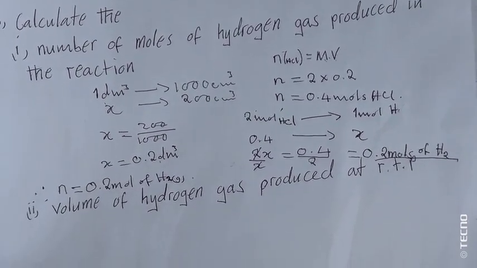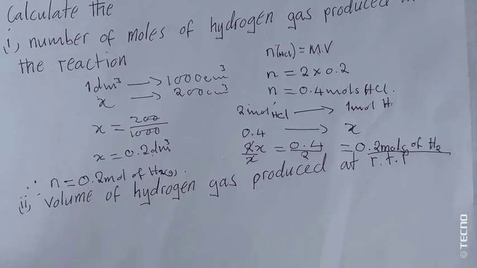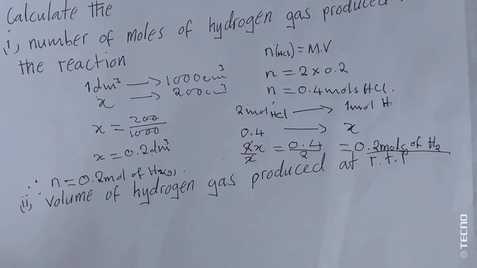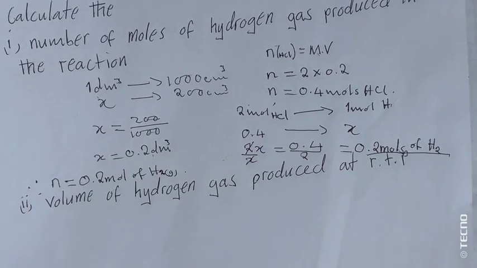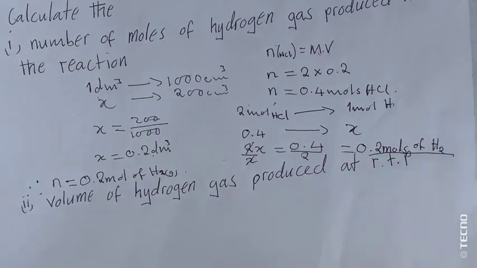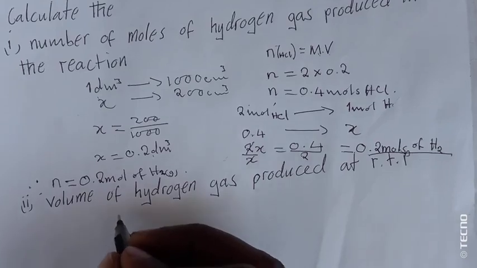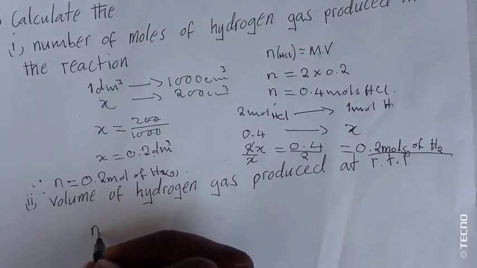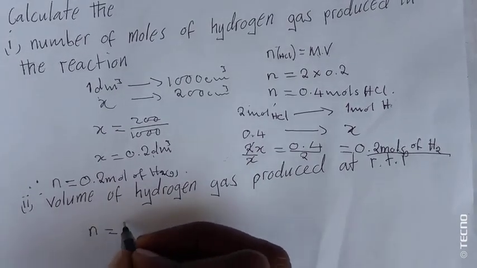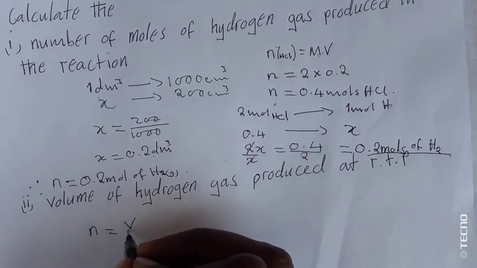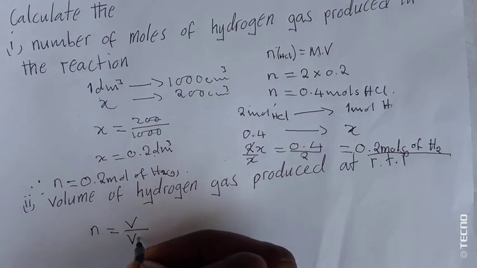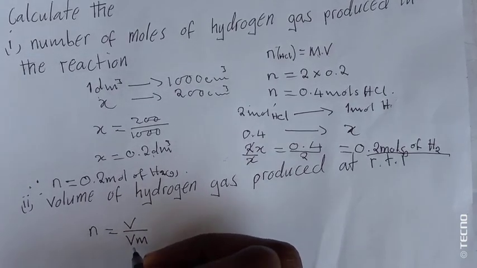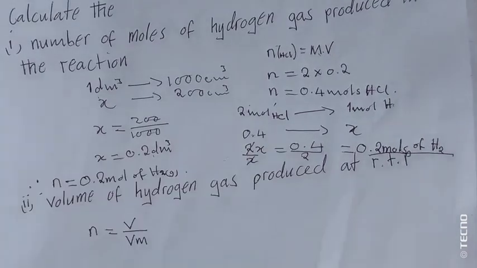So now let's again find the volume of hydrogen gas produced at RTP. For us to find the volume of hydrogen gas produced at RTP, we use this formula, which is n is equal to V over V molar, the molar volume of a gas.